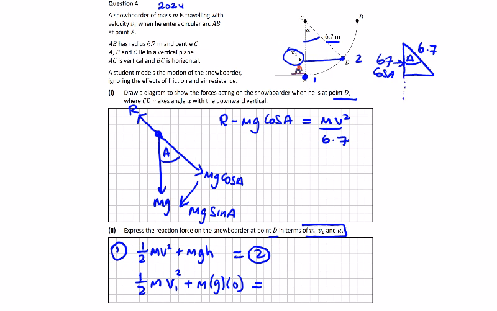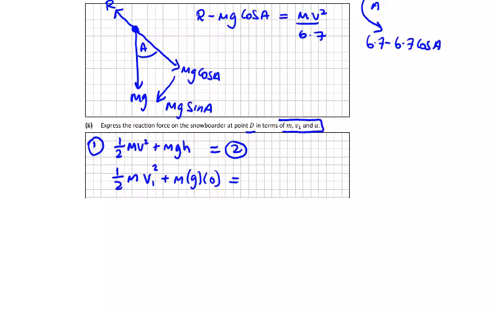If the whole thing is 6.7 from A up to C, the height for position 2 is going to be 6.7 minus 6.7 cos A. So we have a half m by v2 squared, plus m times g times the height, which is 6.7 minus 6.7 cos A. I know the next part uses v2, but I'm going to use v2 here.